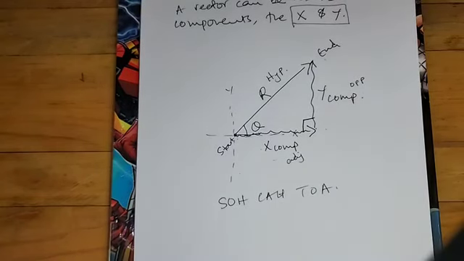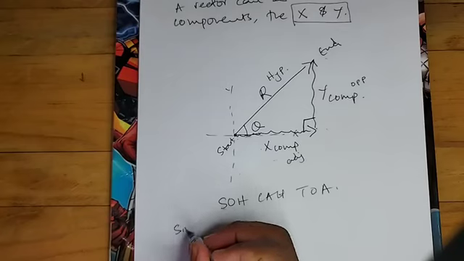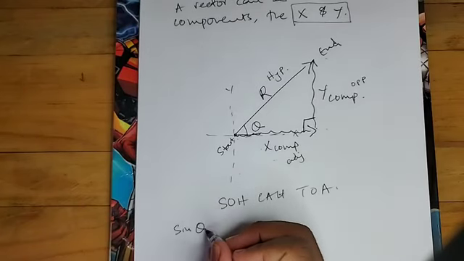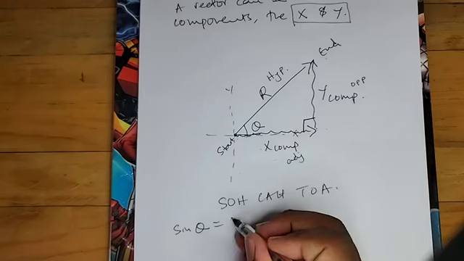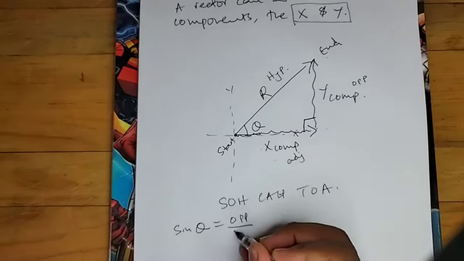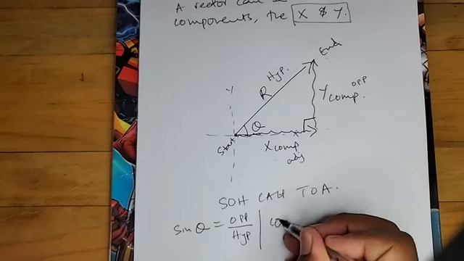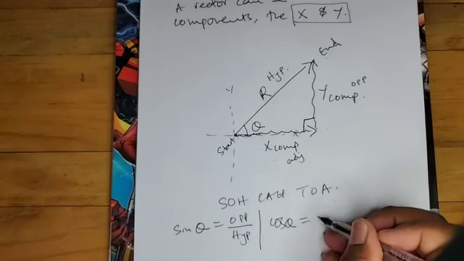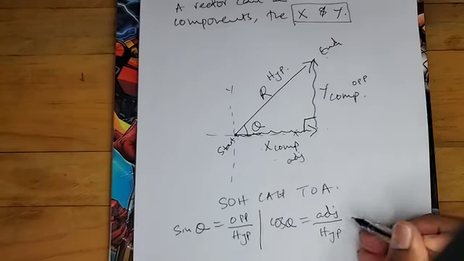So let me expand the S. S is going to be sine theta. The angle we said we'll be calling theta. Sine theta is equal to the opposite divided by the hypotenuse. Cos theta is going to be equal to the adjacent divided by the hypotenuse.